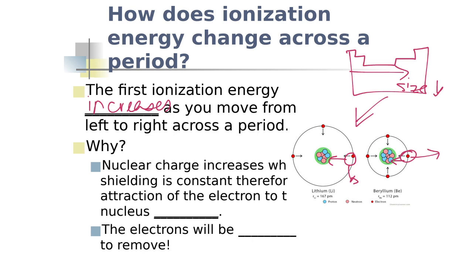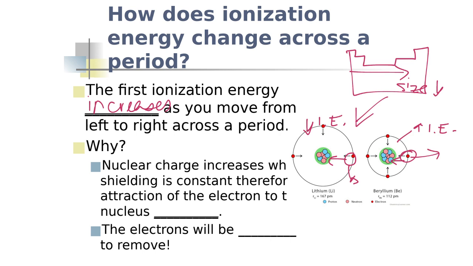So which one would be easier to remove? Well, this one would have a lower ionization energy. It'd be much easier to remove, so you don't need as much energy. This one here would have a higher ionization energy and require more energy to take that electron away.